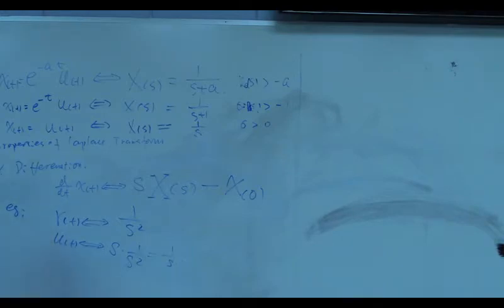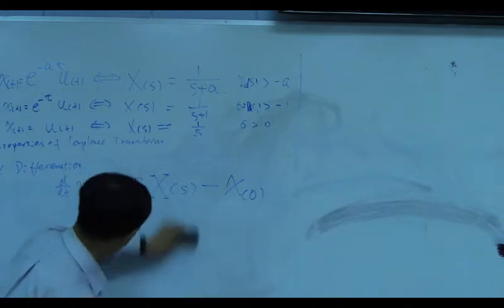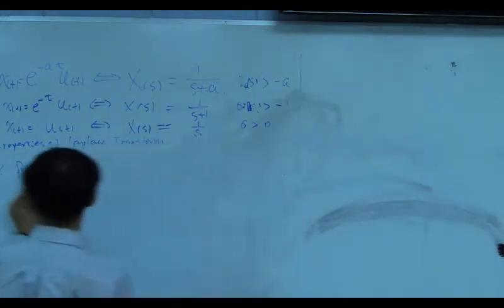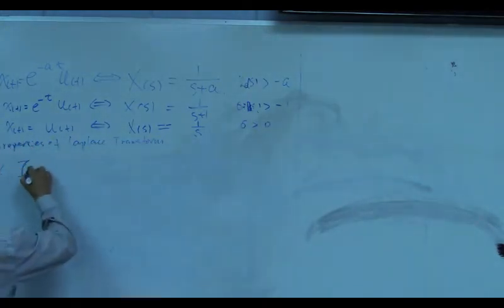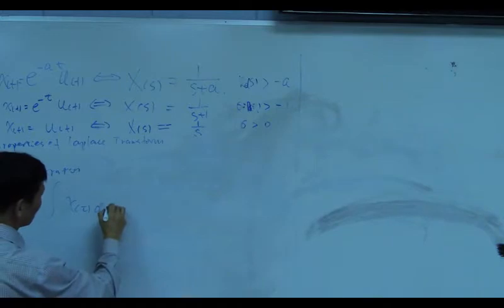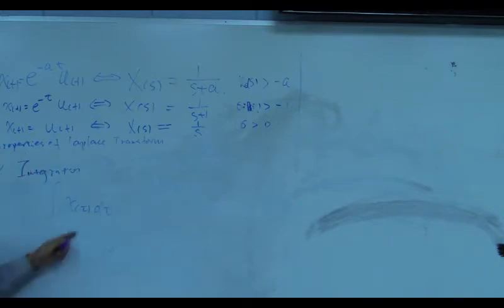Integration. Yes. We finished the differentiation, the next one will obviously be integration, right? Integral of x(tau) d tau. May I ask why I write x(tau) d tau? Why do I not write x(t) dt? Is this supposed to be x(t) dt?